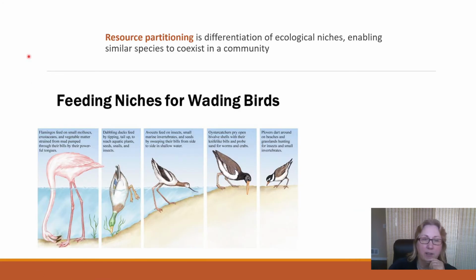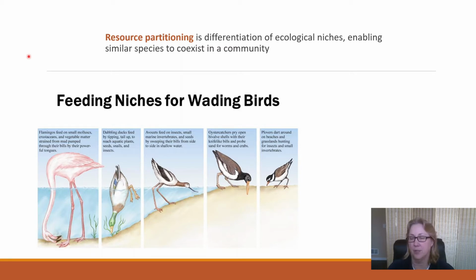So there is another principle called resource partitioning, in which species that are in the same ecosystem will take advantage of different resources. They will partition the resources into different niches so that they don't overlap.